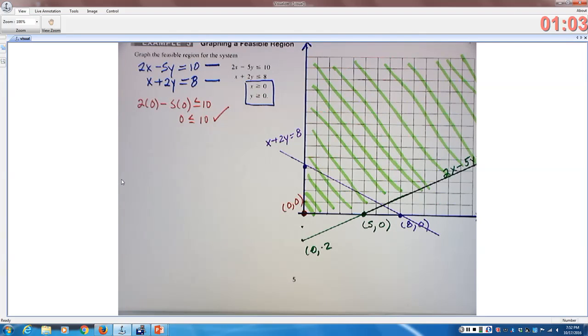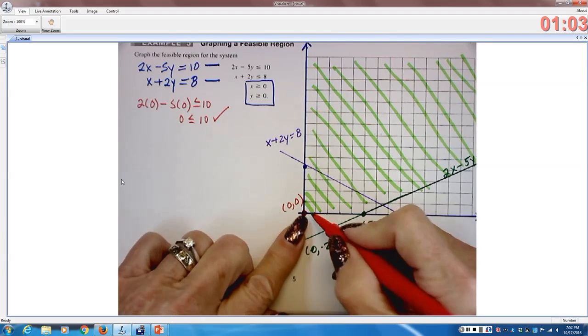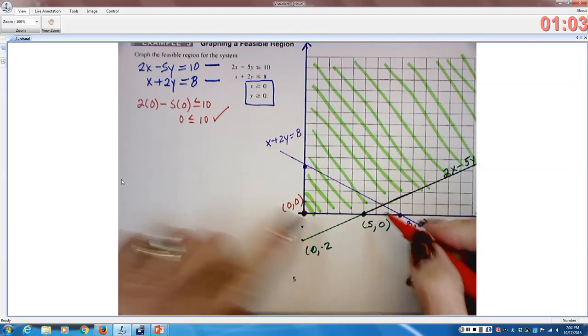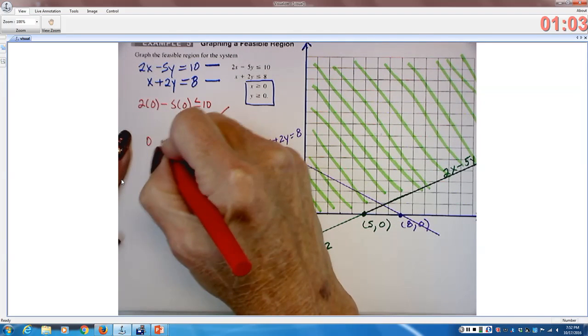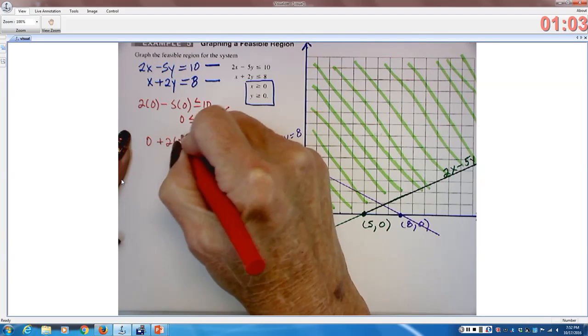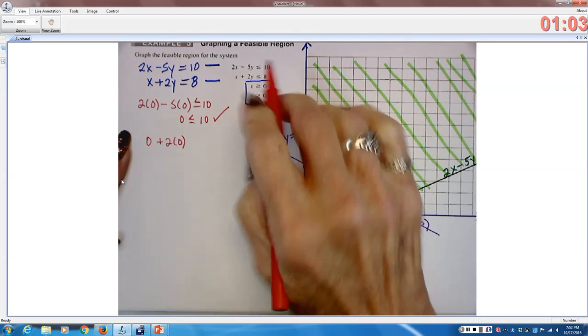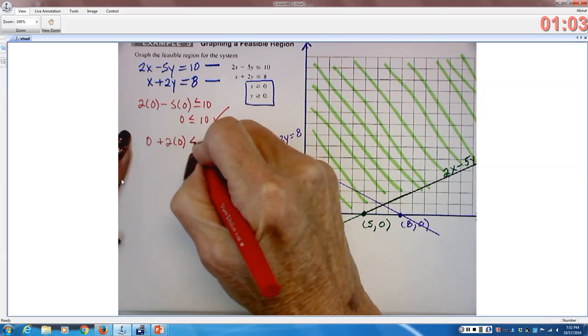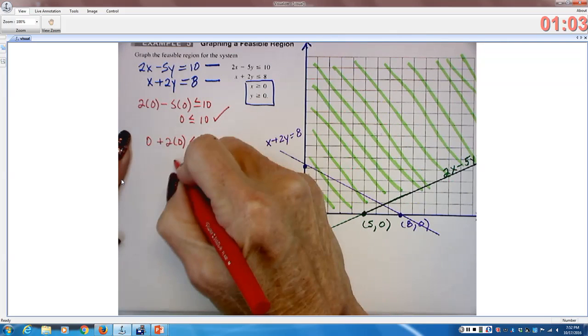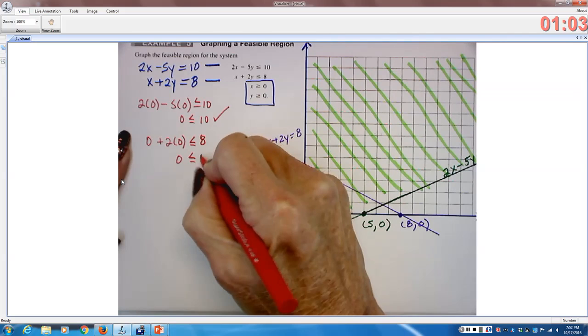So I can still test my favorite point because it's not on the line. 0 plus 2 times 0 is equal to or less than 8. And 0 is, in fact, equal to or less than 8.